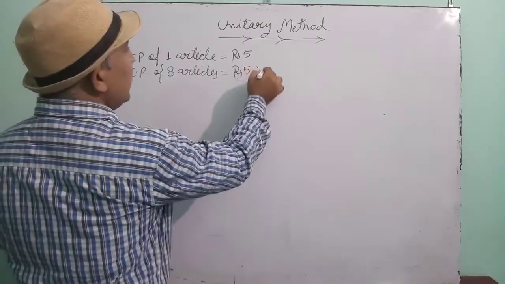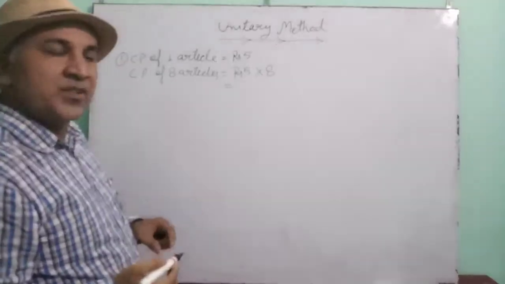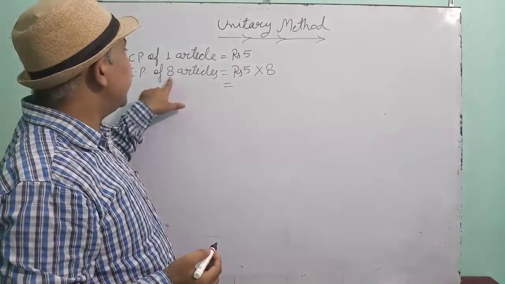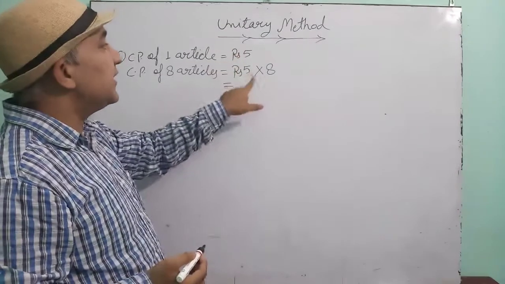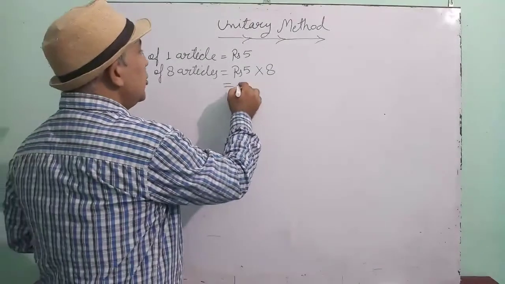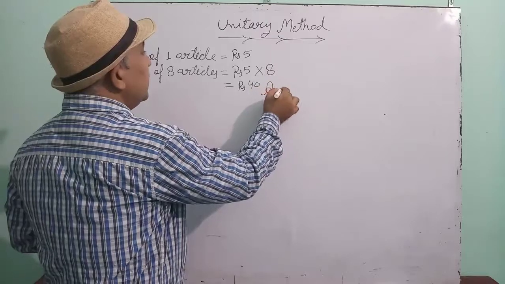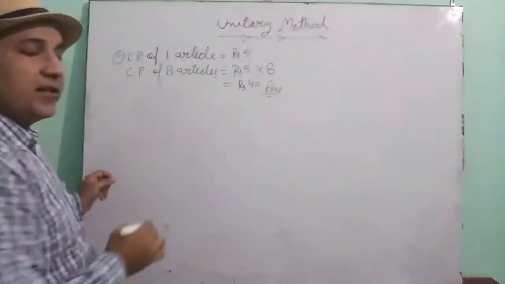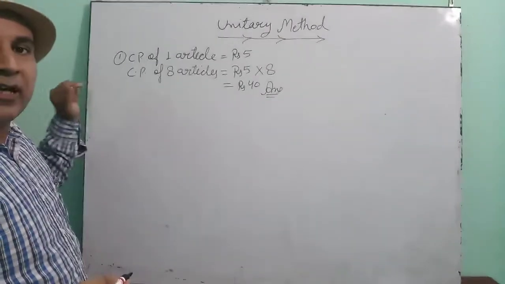Cost price of 1 multiplied by number of articles. Since cost price of 8 articles will be more than the cost of 1 article, that is why multiplication will take place. Okay, so 8 into 5 is 40. 40 rupees is the answer here. Value of 1 is given, value of more we have found.